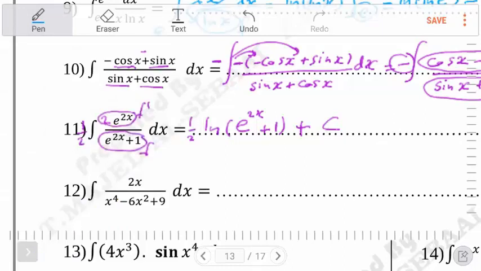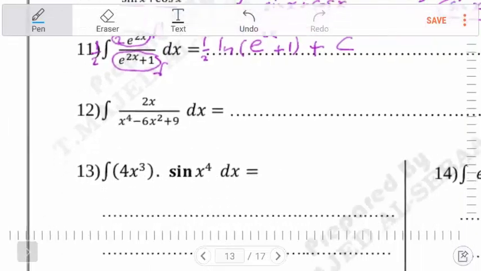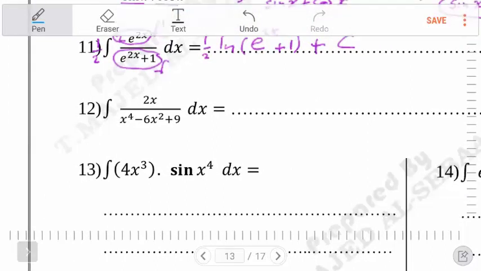Okay, the next question. How can we do that? When you see any question that has a fraction like this, think of f dash over f. This is your first thinking.